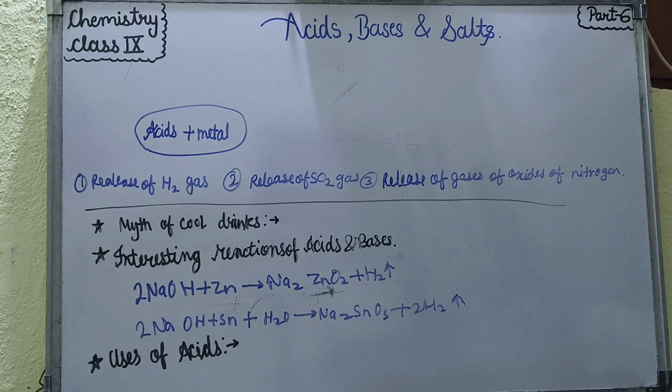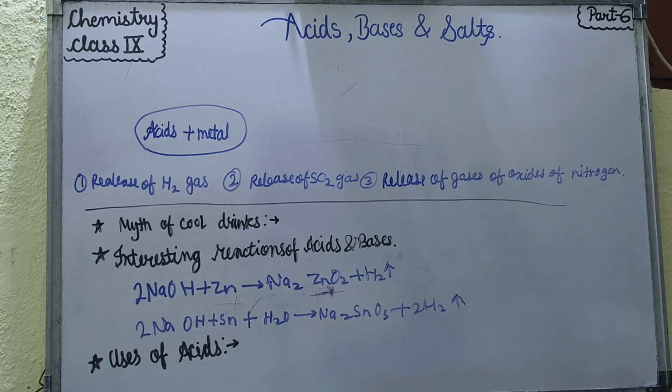Fifth is acetic acid, formula CH3COOH, uses table vinegar, cooking. Sixth is tartaric acid, C4H6O6, uses baking powder. Seventh is hydrochloric acid, formula HCl, uses cleaning of metals.